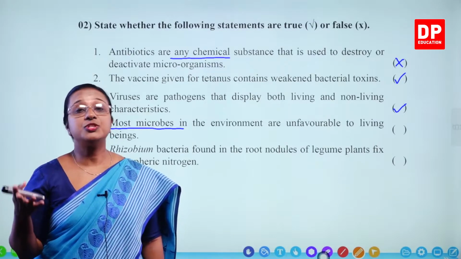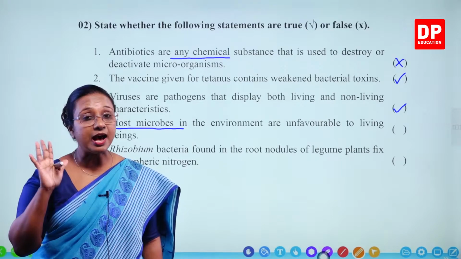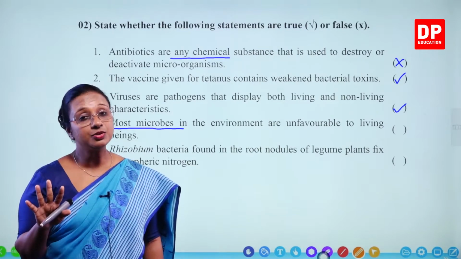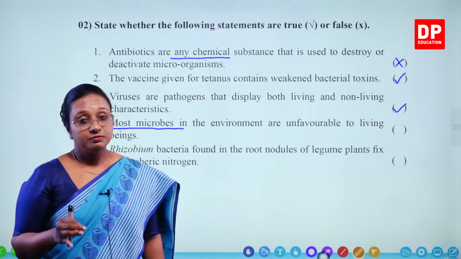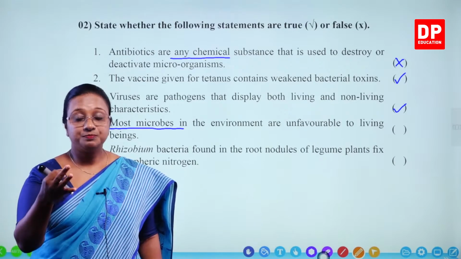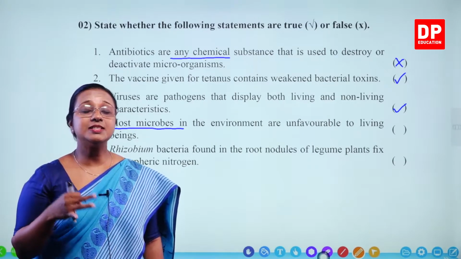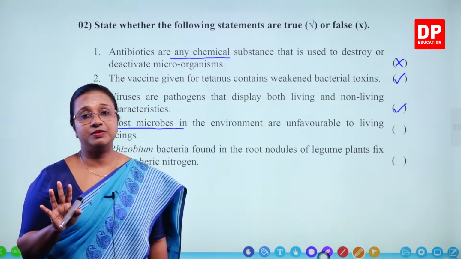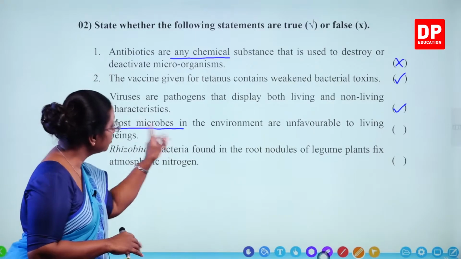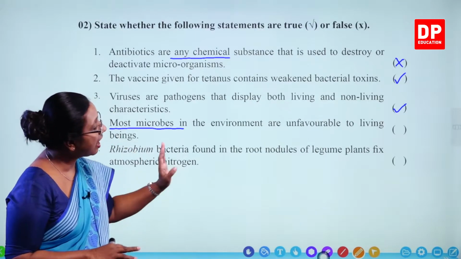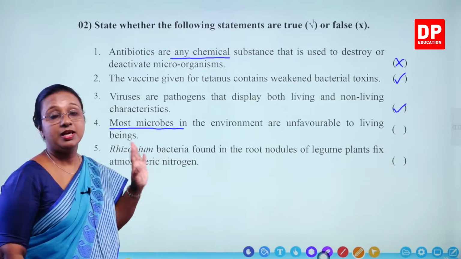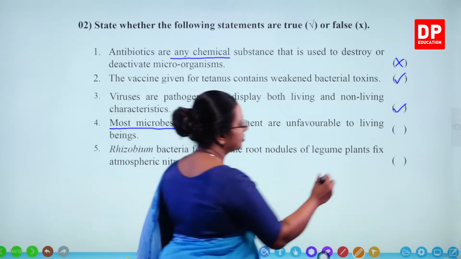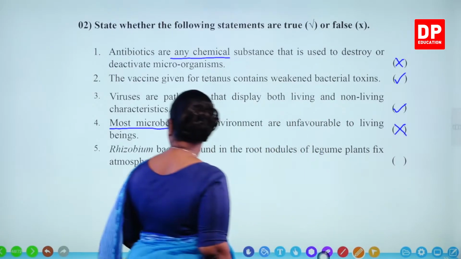Even the decomposing of organic matter. So they are very useful. The harmful effects are there. What are those? Food spoilage, creating or causing diseases, causing effects to non-living components. Those are the harmful effects. But most microbes in the environment are not unfavorable. They are favorable. So, because of that, this statement is also false.